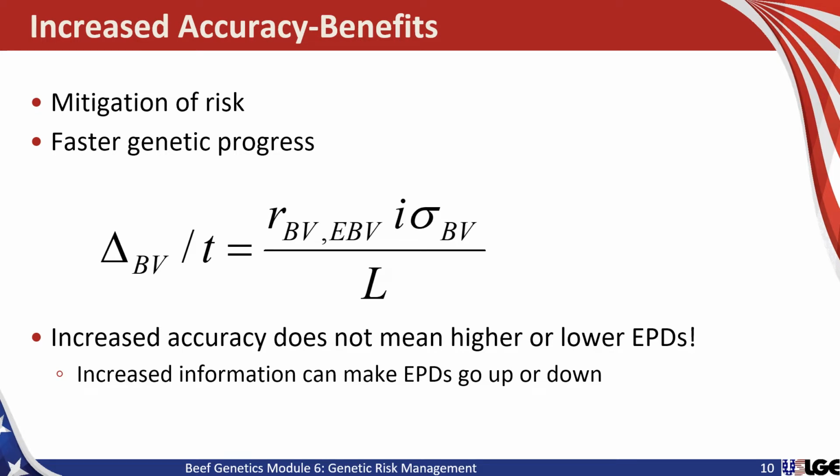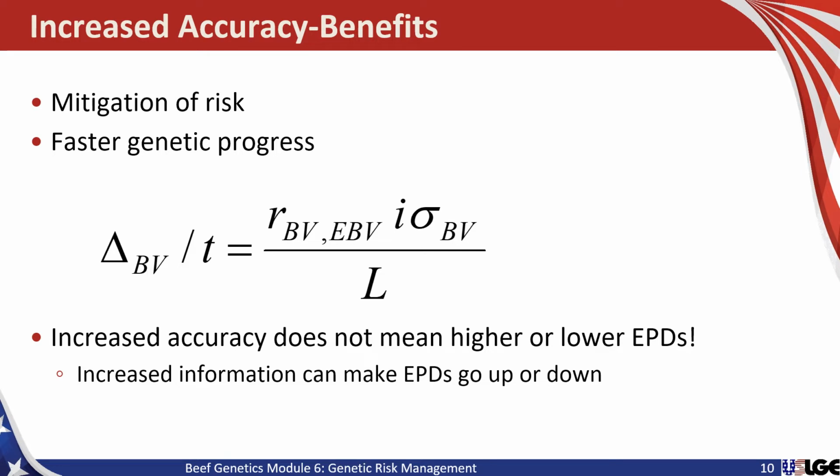So here in the breeder's equation, starting at the left side, the change in breeding value per unit time, or how much genetic progress we make over time, is a function of the accuracy of the tool that we're using for selection, in this case of breeding values, the intensity of selection, represented here by the character I, and the amount of genetic variation or the standard deviation for the trait, or how much spread in terms of genetics there is in the population.